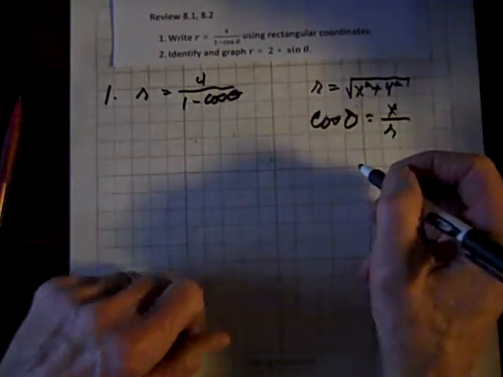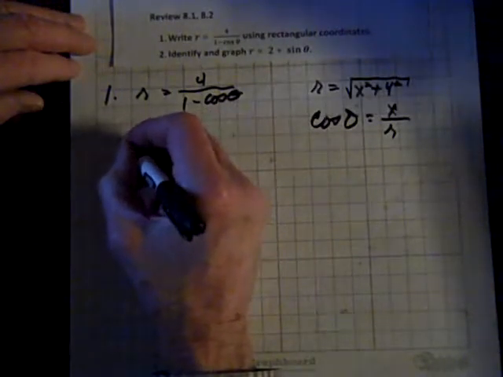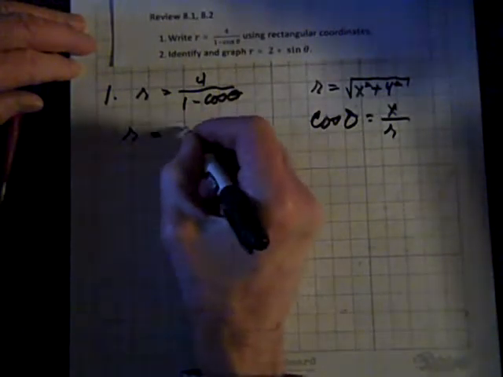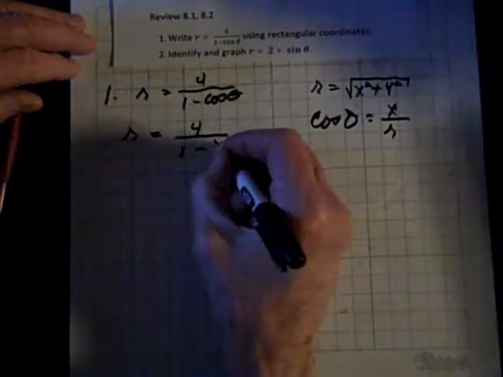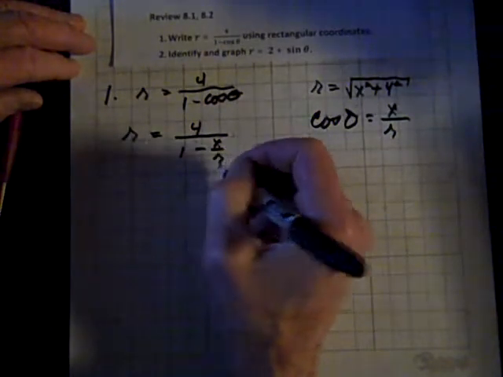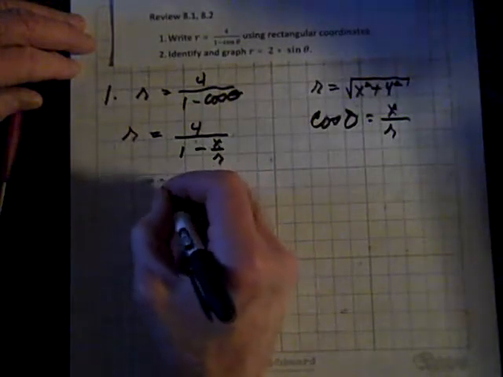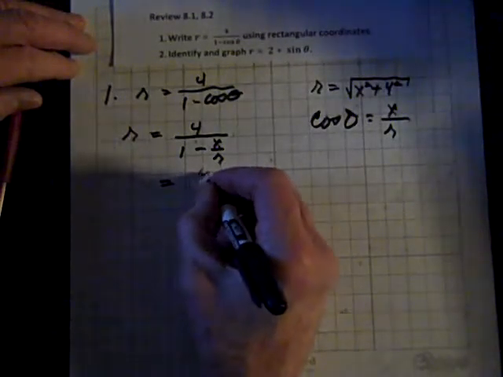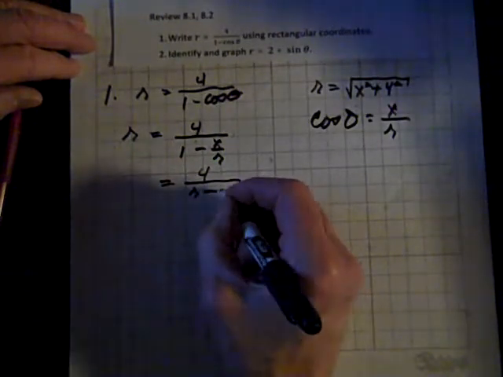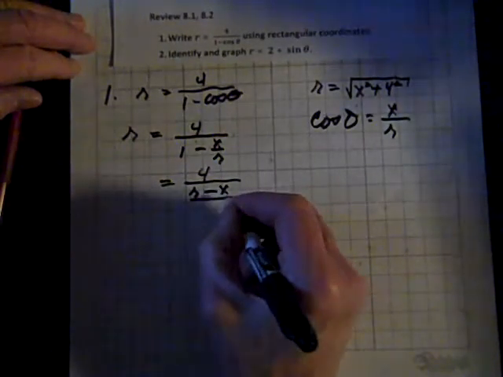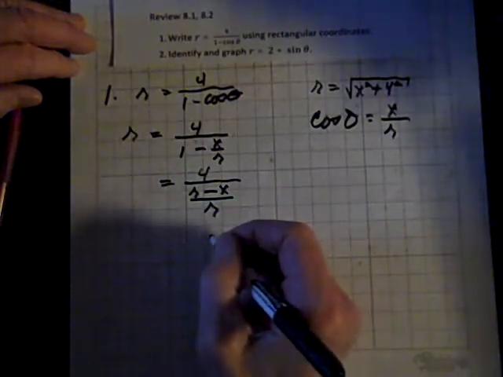So now we've got, I'll leave r as r, and 4 over 1 minus x over r. And now let's get a common denominator, and that's going to be r, and when we get that common denominator and add them up, we wind up with this.